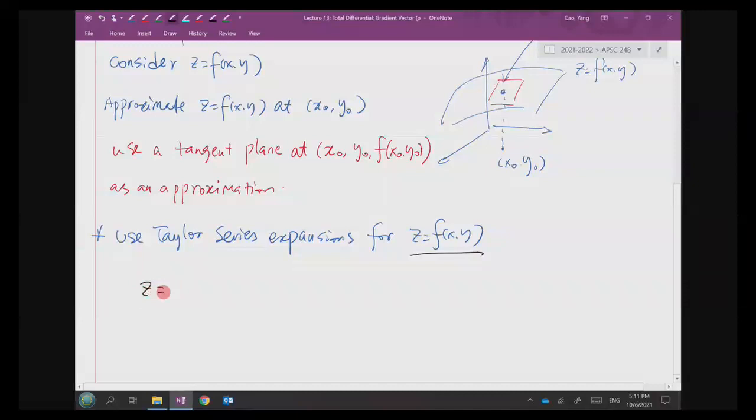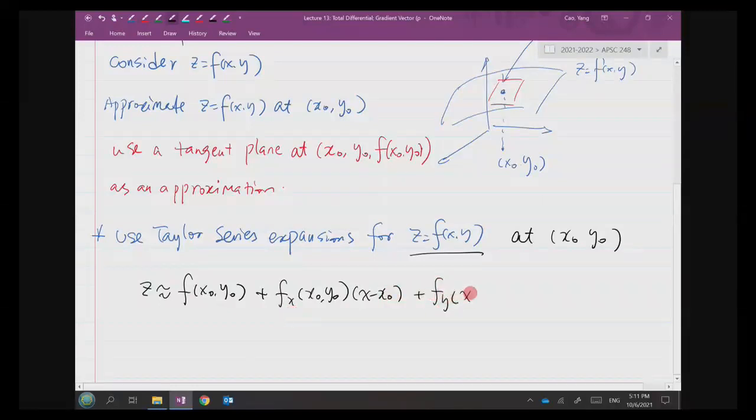So this z will be approximately equal to f of x naught, y naught, at the x naught, y naught location, plus fx of x naught, y naught, the first order derivative term, partial f partial x, times x minus x naught, plus fy of x naught, y naught times y minus y naught.